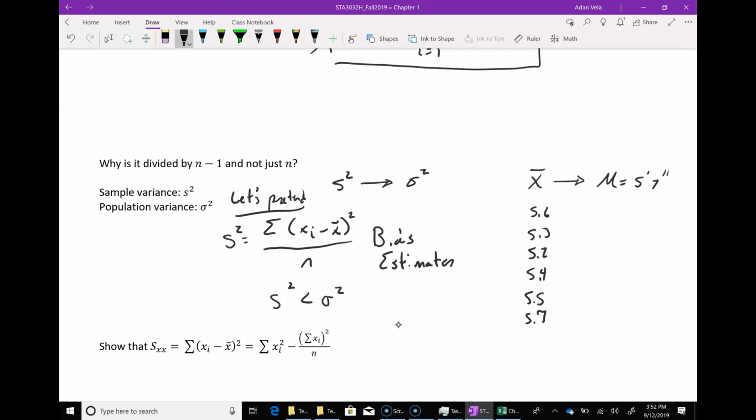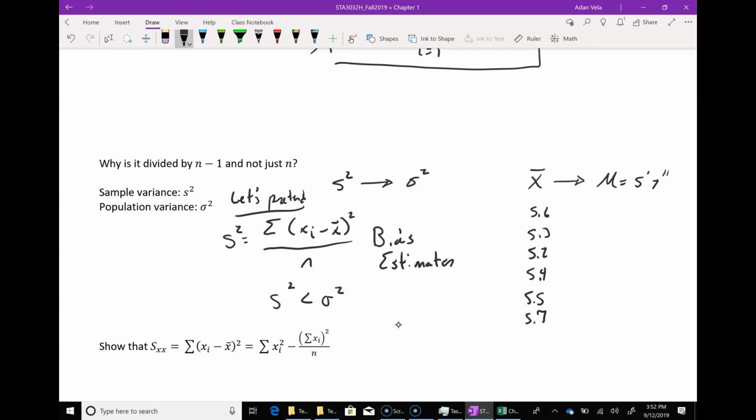S should be less than sigma as often as it's greater than sigma. And the more data you get, you want them to actually start to lie on top of each other. But if you use this equation, that's not going to happen. With a lot of data it will, but what's going to happen is S will tend to be less than sigma. And there's a biased estimator.